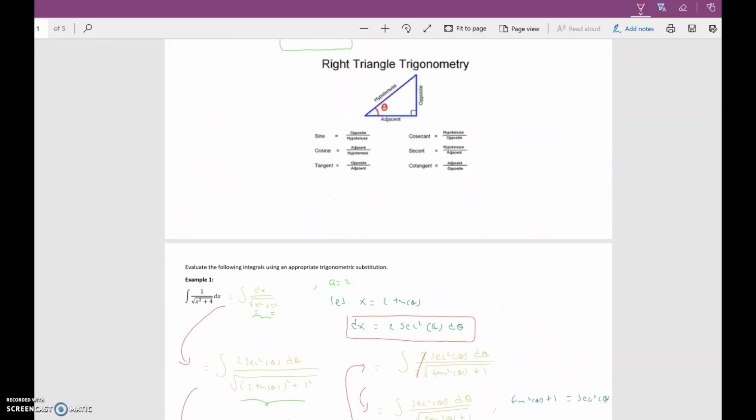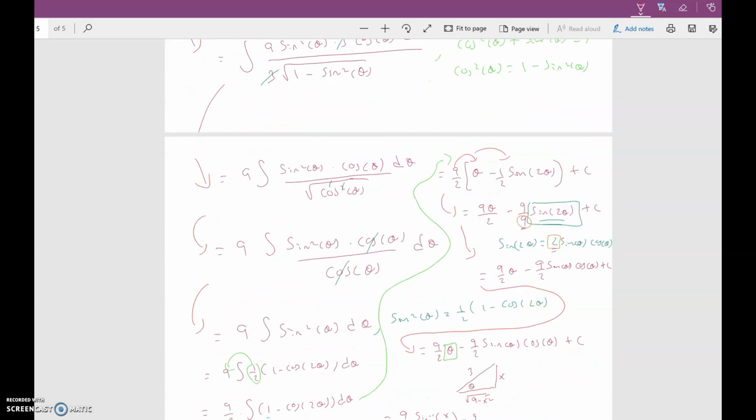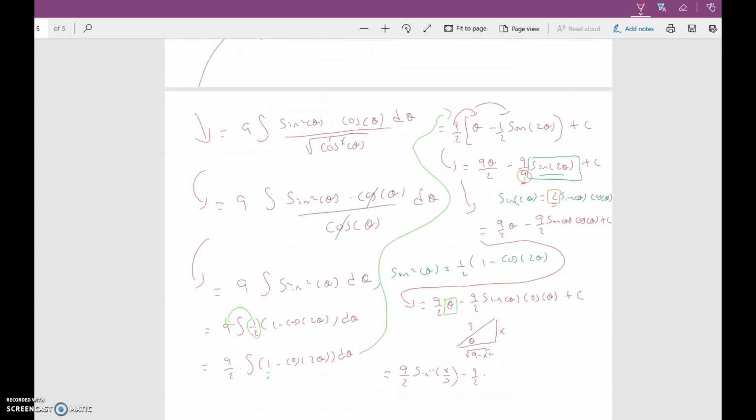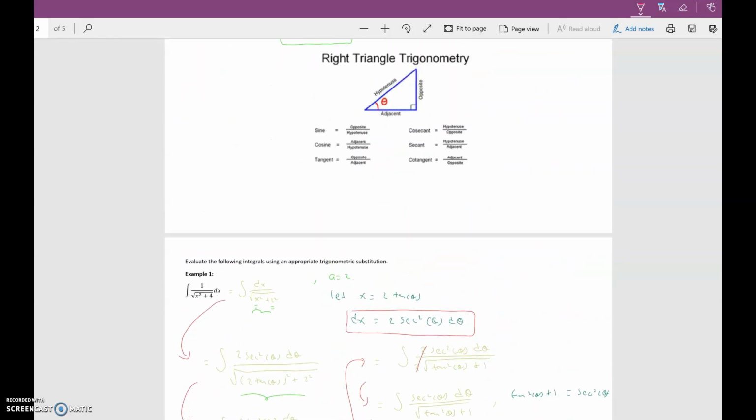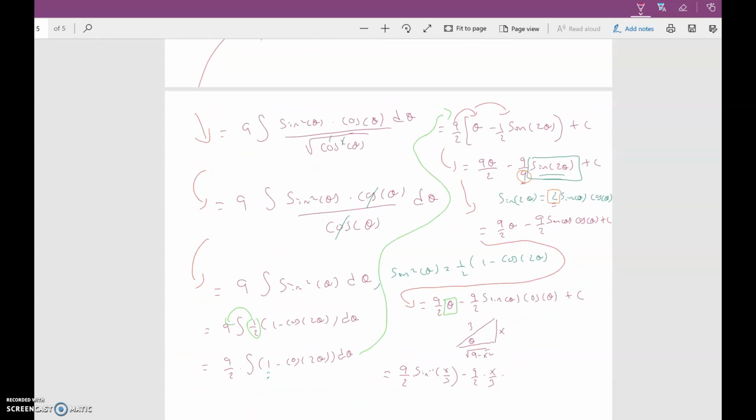It's given to be opposite over hypotenuse, so your opposite is x over 3, and then times your cosine. Cosine is adjacent over hypotenuse, so adjacent would be the square root of 9 minus x squared, divided by 3, plus c.